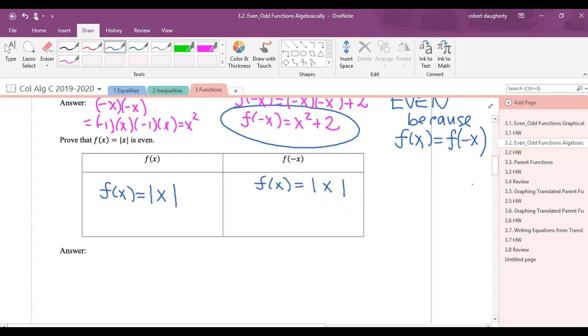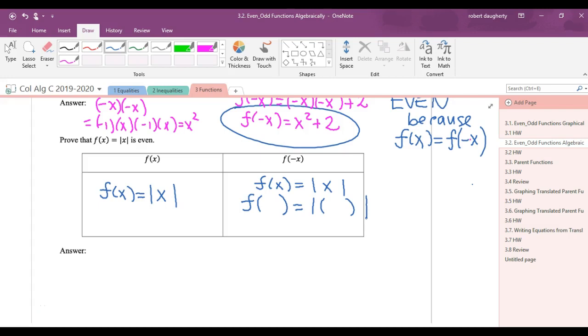My first step: this is f of x, but what do I need to find? I need to find f of negative x, so I need to substitute negative x in. The way I do this is I replace all my x's with blank parentheses, so that I'm very clear about what I'm doing. You don't have to do this step, but we're going to do things later in the semester where it is helpful.